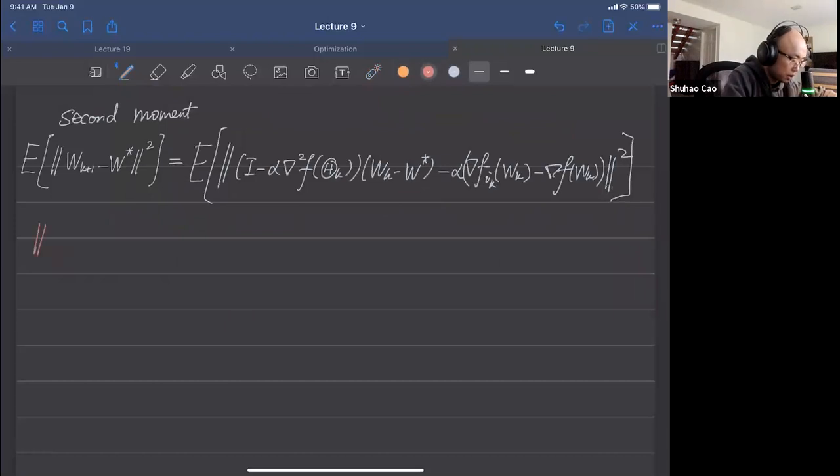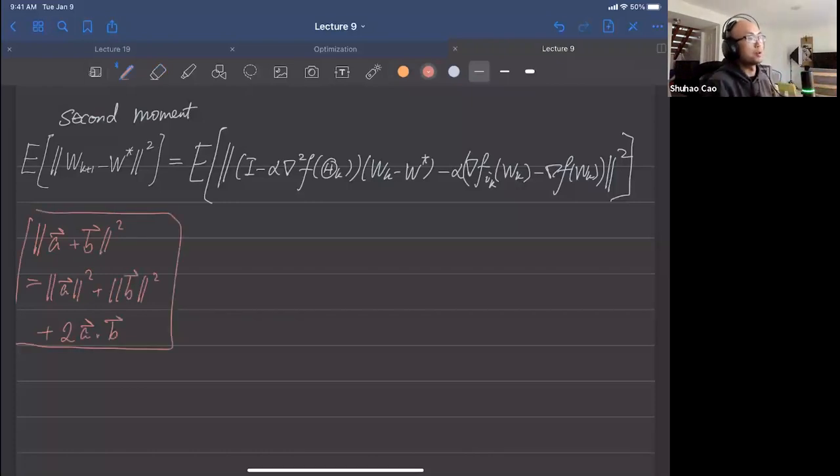For example, if we have not necessarily matrices, just vectors, A plus B square is nothing but A square plus B square plus 2A inner product with B. This is our Euro quadratic formula, but in the world of tensors and vectors.